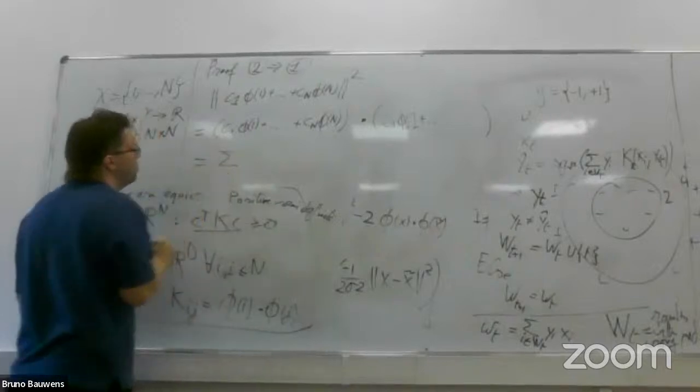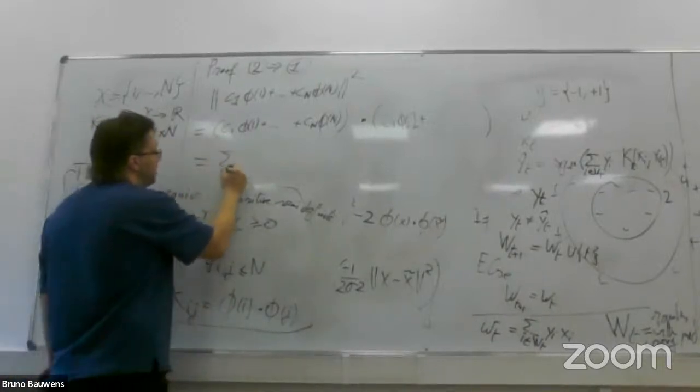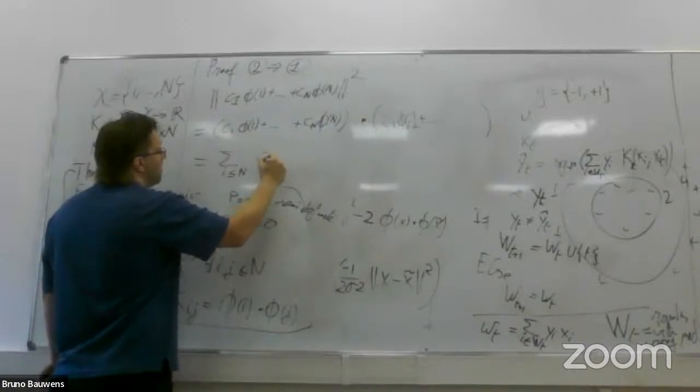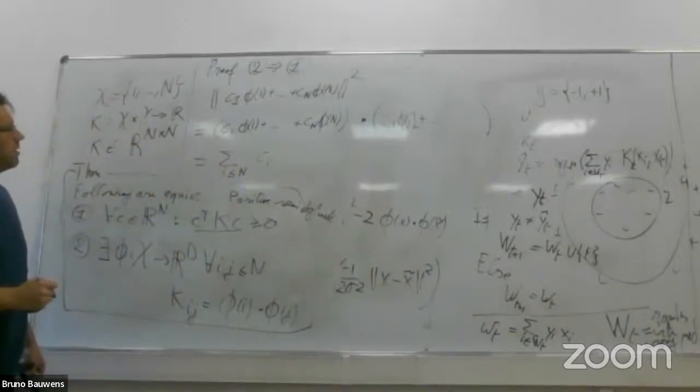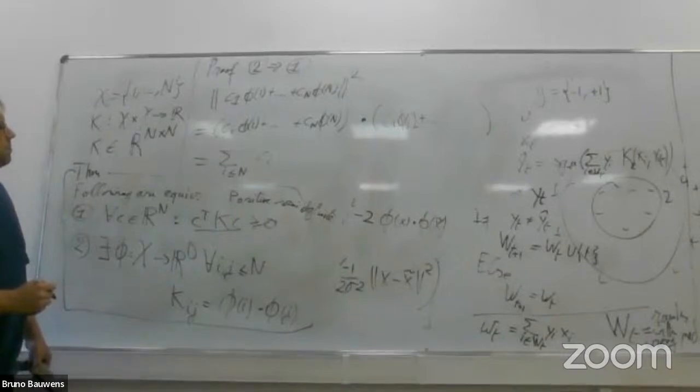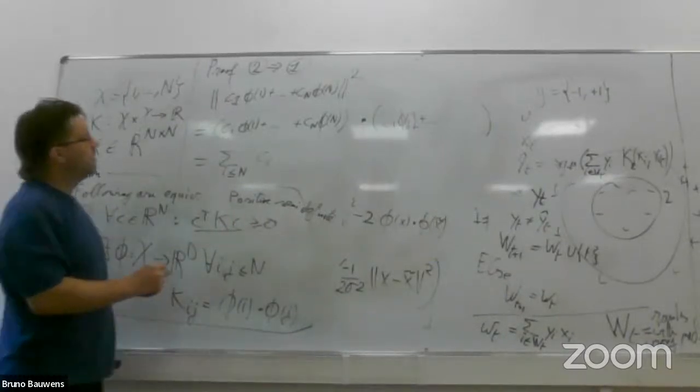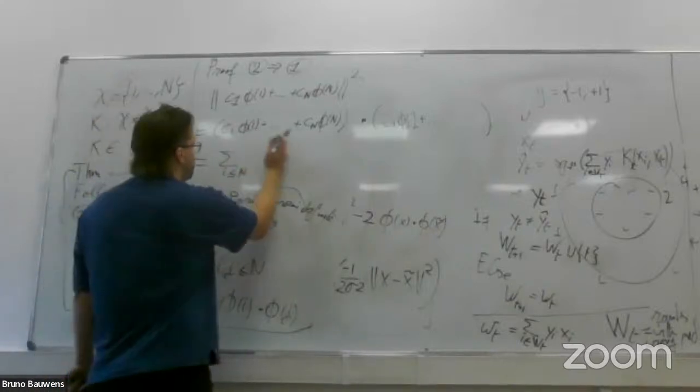So we sum over all n, and we need two sums.